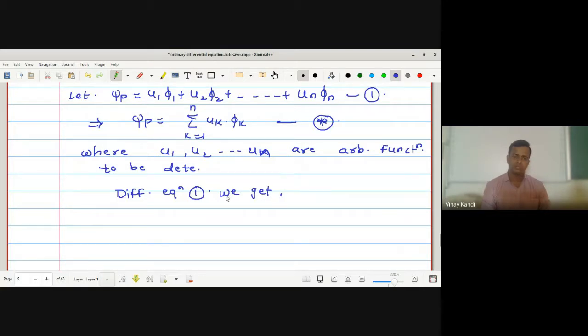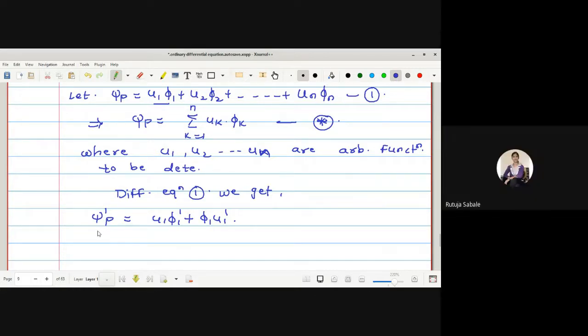psi p dash is equal to, okay, it will be expanded. How? u1 phi1 dash plus phi1 u1 dash. Okay, any doubt up to here? No, sir.